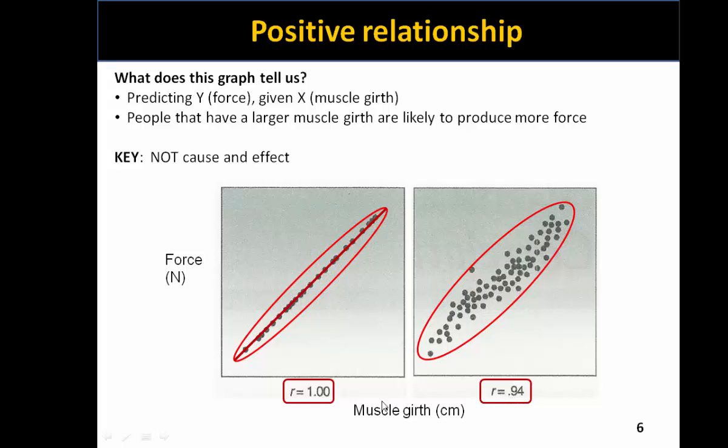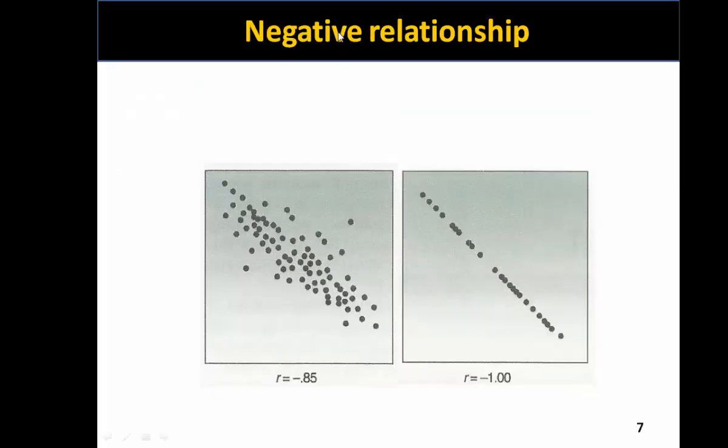So a little bit less than 1.0, but still a very strong correlational value that relates muscular girth and force production. And both of these relationships, because as the x-axis increases on both, the y-value axis increases as well, that's a positive relationship. The opposite of that is a negative relationship.